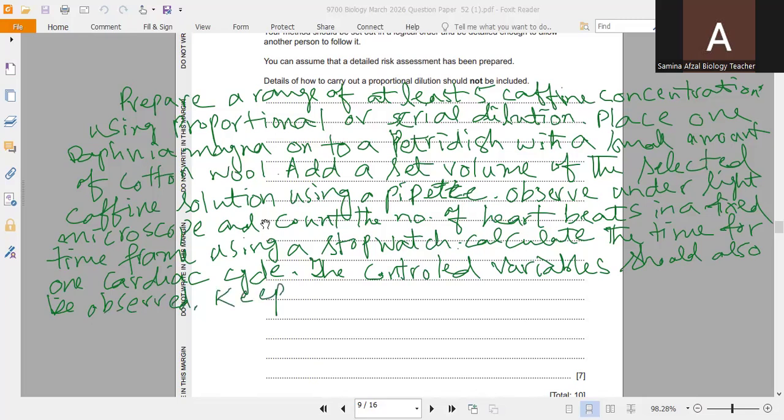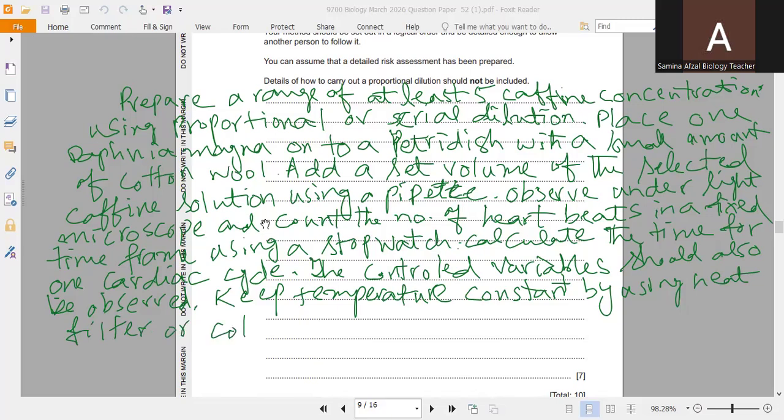Keep temperature constant by using a heat filter or cold water bath, hot pot or cold water bath, or LED lamp. So they can be used for this purpose.